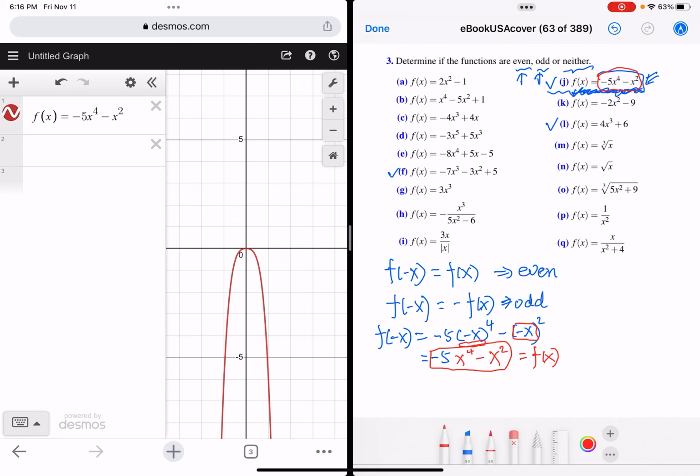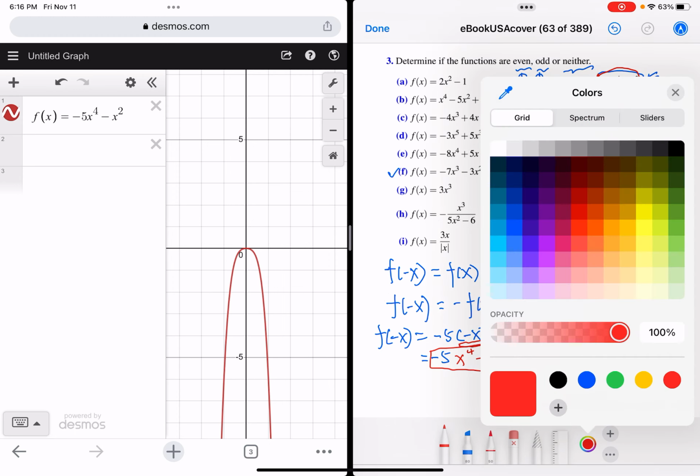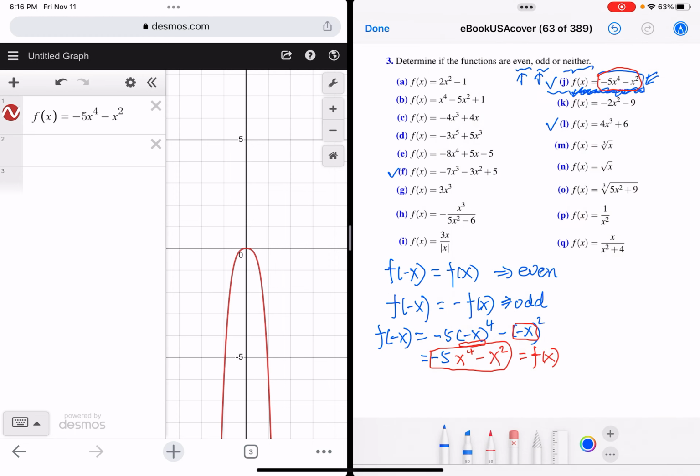Of course, if you end up with the negative sign in front of it, if here there were a negative sign, you can put it right here, then it's going to be odd. But again, here, there is not.